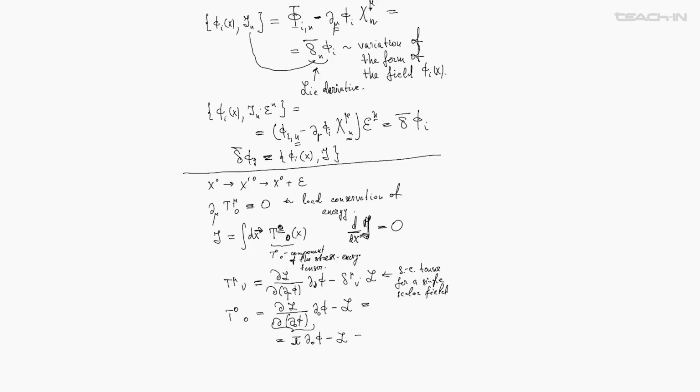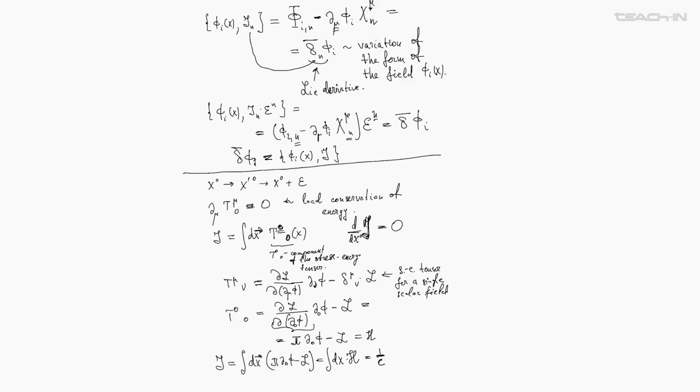Therefore, this conserved Noether charge J is simply the integral dx of pi d0 phi minus the Lagrangian density. If you would like to have the proper normalization constants, you need to include 1 over c to be completely in agreement with dimensions.